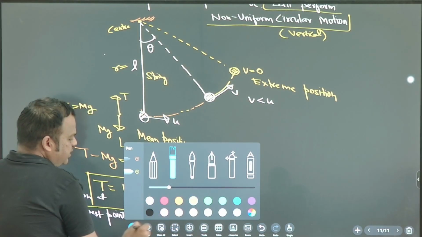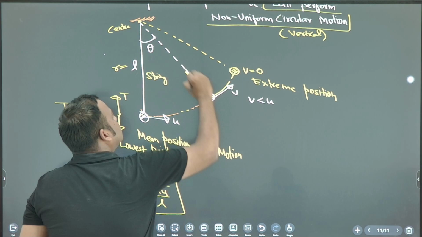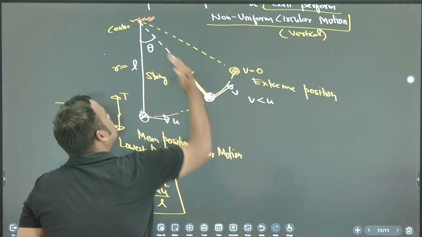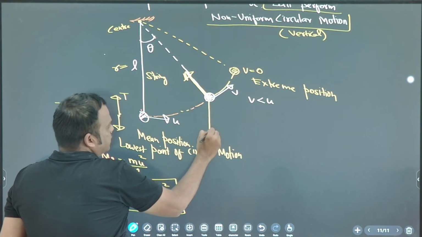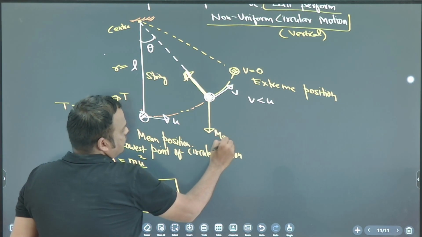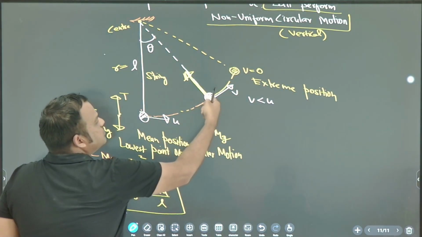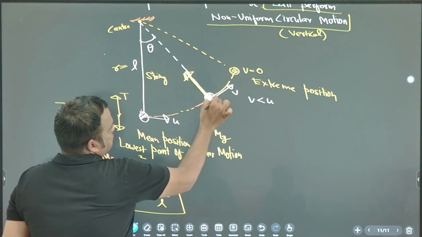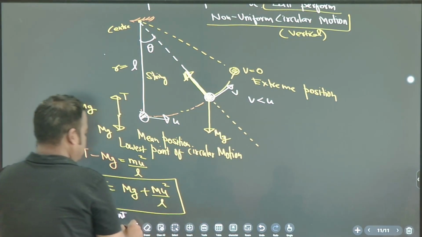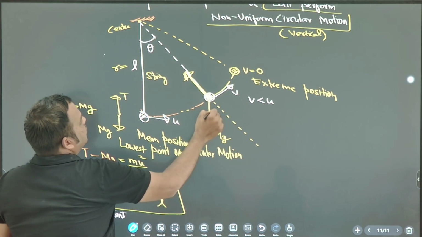So tension will be making theta with vertical. This is the tension. Note down, this is the tension now. Tension is along the string. Okay, and mg is downward. Note down, here velocity is v. Now what is this angle?